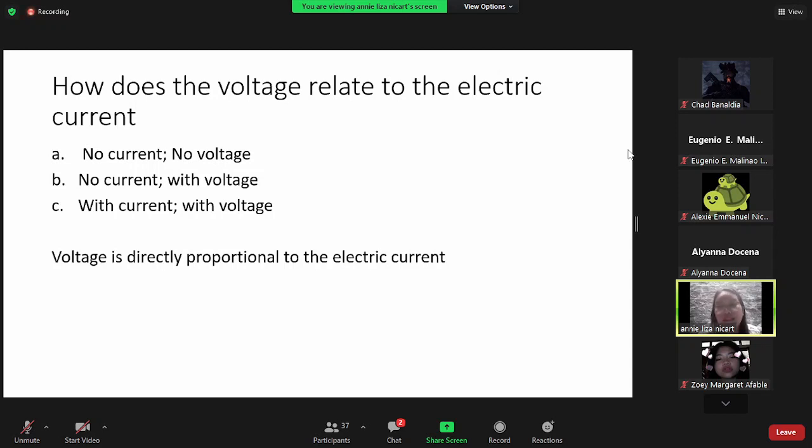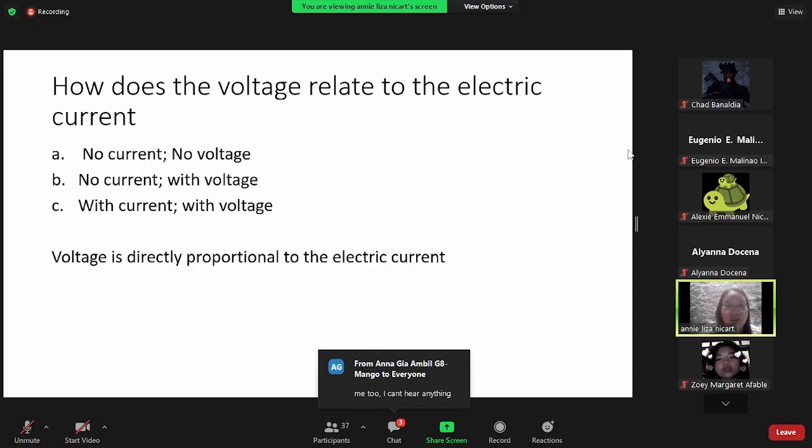Hindi ka pa matatakot. Mas nakakatakot yung word na voltage kaysa sa electric current. So if it is emphasized that it's a high voltage area, ibig sabihin yung amount na ma-generate na electric current ay malaki din. Okay?